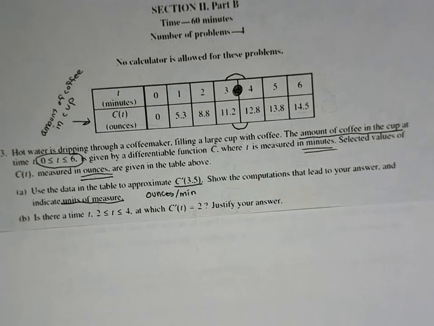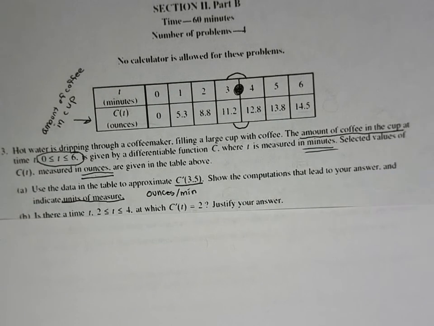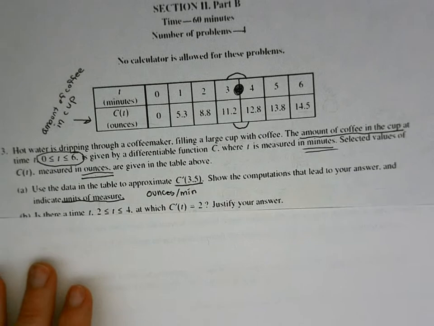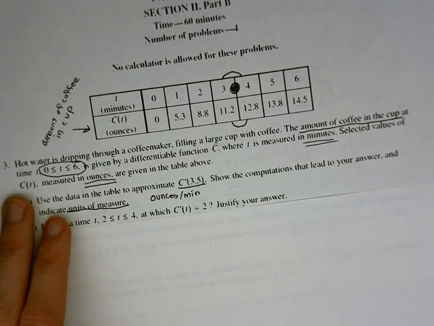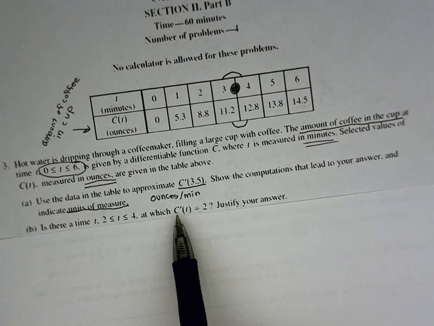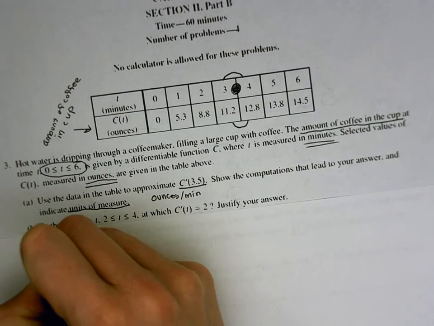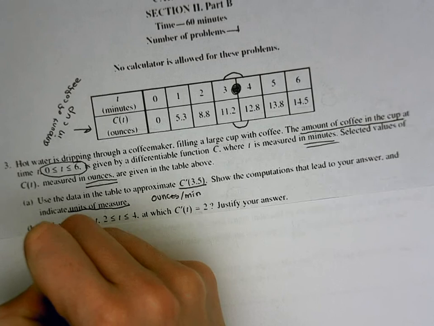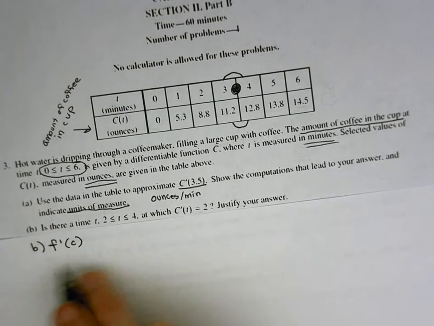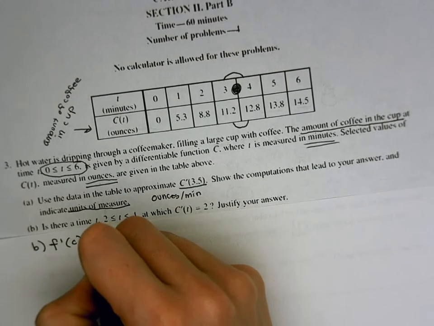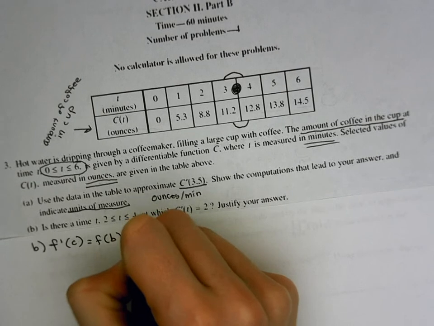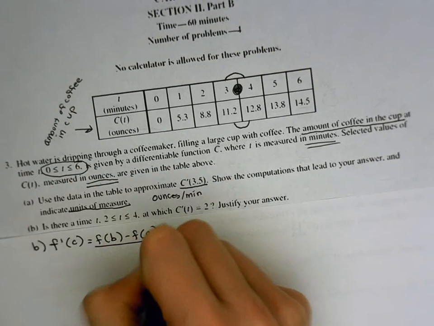Our first point was for C of 4 minus C of 2 over 4 minus 2. The second point was for your conclusion using the mean value theorem. The first route we're going to talk through is to justify a particular derivative, to say yes, that derivative exists, we can use the mean value theorem, which says that your f prime of c, your derivative, equals f of b minus f of a all over b minus a.